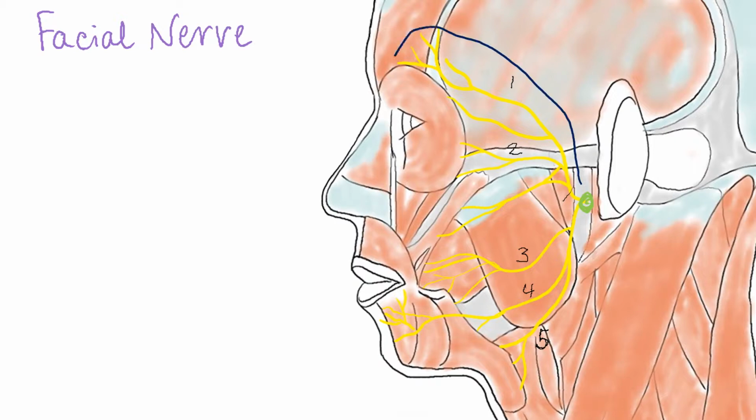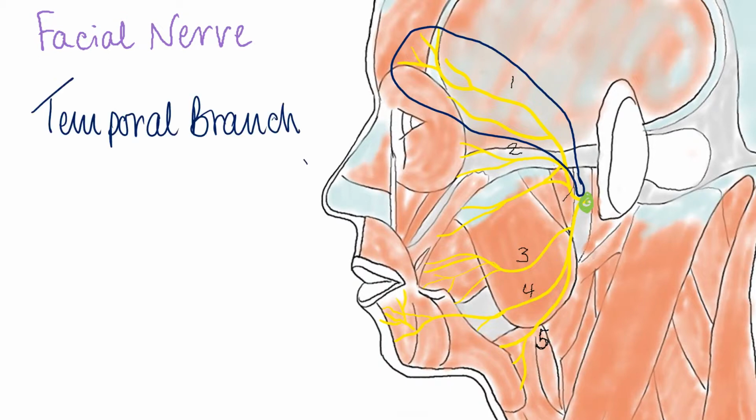It's this branch right here. So we will go through the muscles it supplies, those muscles' insertion, where they arise from, and the actions which they carry out in facial expression.